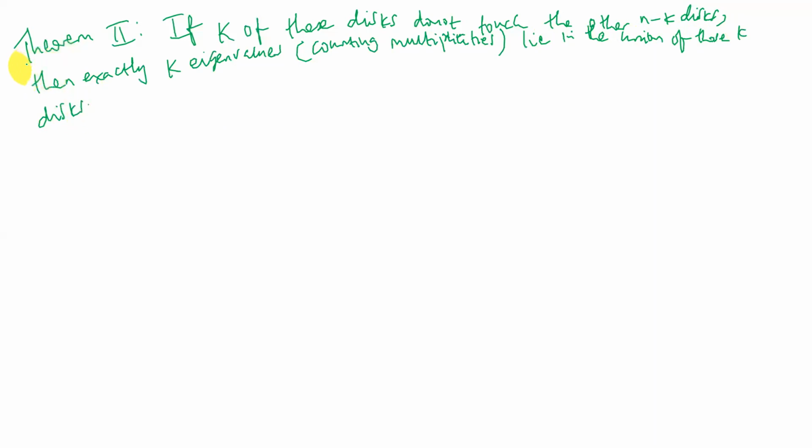Right, so at this point, we are effectively saying that in theorem 2, if k of these disks do not touch the n minus k disks, then exactly k eigenvalues, counting multiplicities, lie in the union of those k disks. Right, so let's look at the example so that we can understand this better.